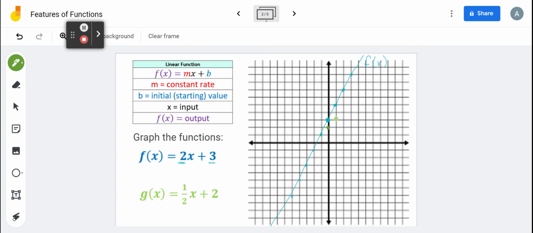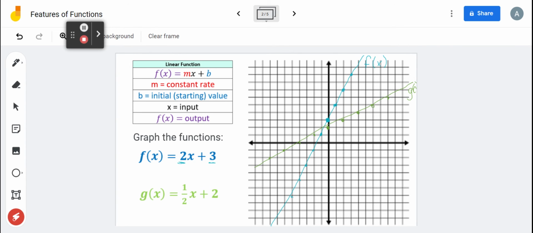I'm going to go up 1 over 2, up 1 over 2, up 1 over 2, down 1 over 2. Let me just graph a couple points here, and then we can sketch our line. So our equation looks very similar to this. So this is going to be g of x.